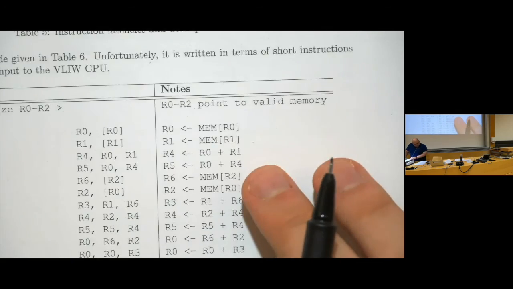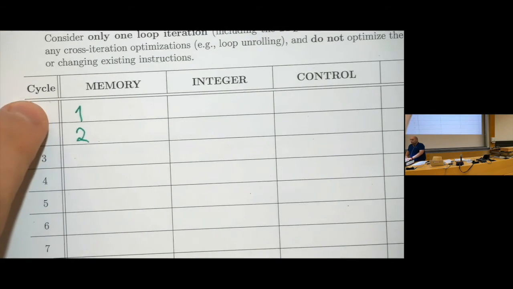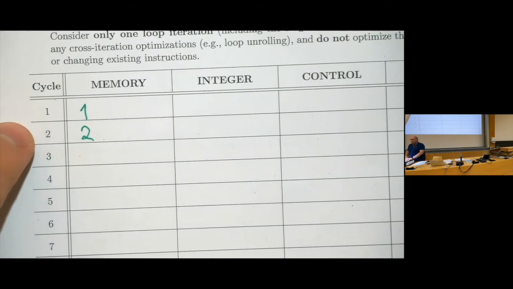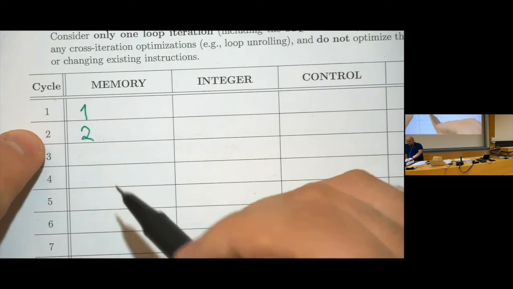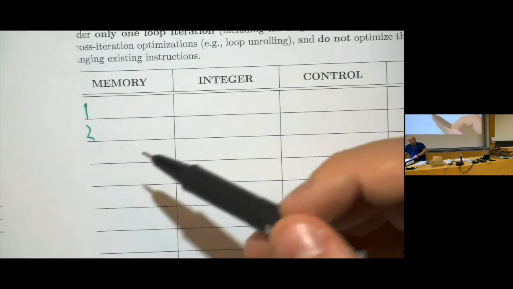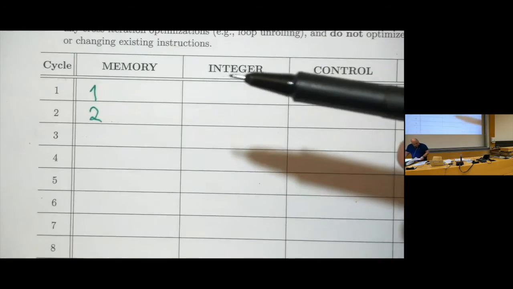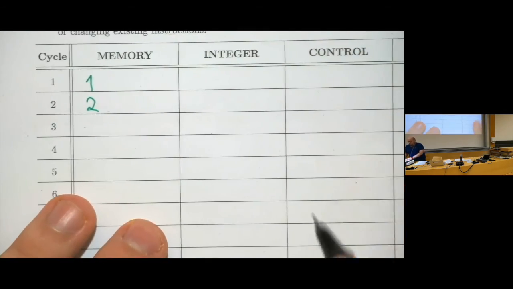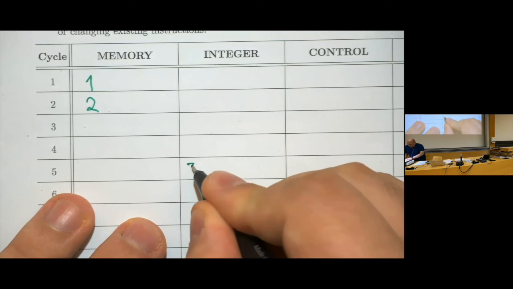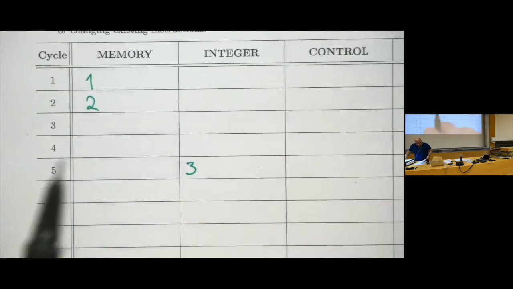The value that we're loading in the first instruction, because this is a load instruction, becomes available for use in cycle 4, and the one in the second instruction becomes available for use in cycle 5. Because the two values that we're loading are the values that we want to use, the earliest that we can schedule this third instruction is precisely cycle 5, when the second load becomes available.